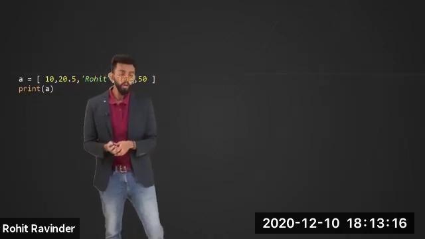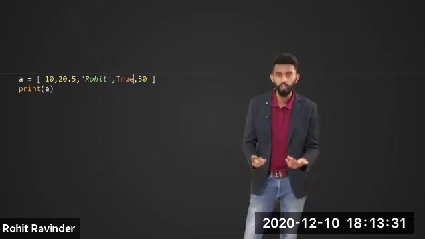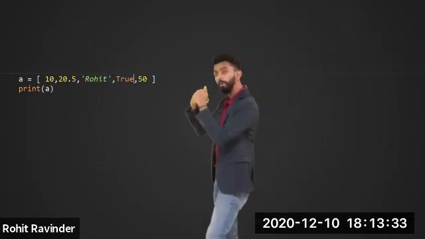You should be able to add an element, or you should be able to delete an element, or you should be able to replace an existing element with another value. If these 3 operations are possible, we call such a data structure a mutable data structure. Mutation in English means change. Something which can be mutated or changed is called a mutable data structure, and definitely list is mutable.